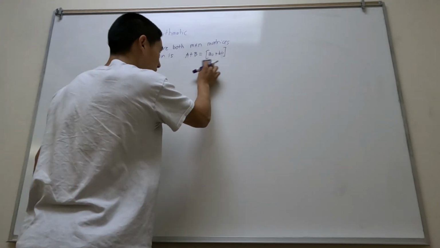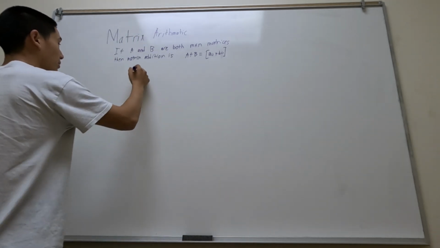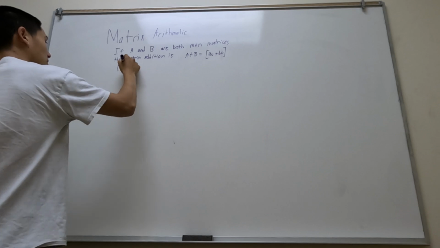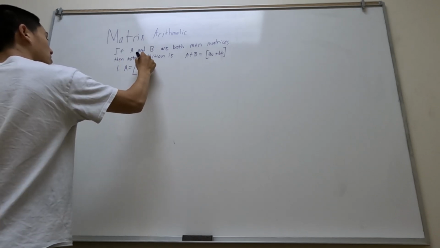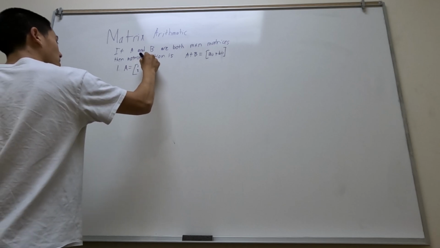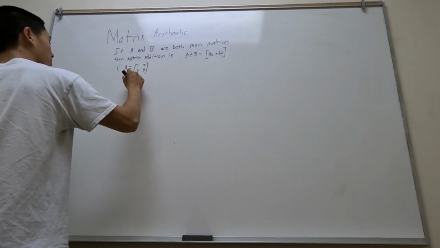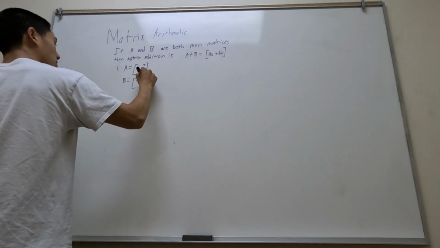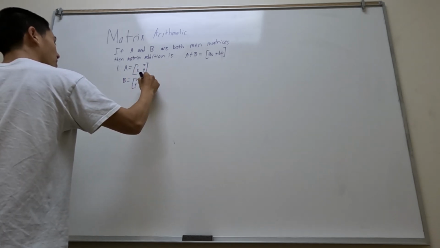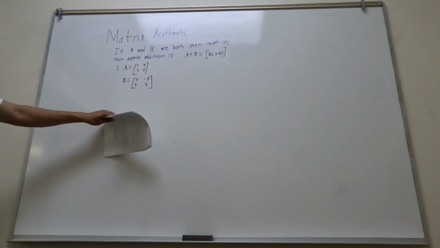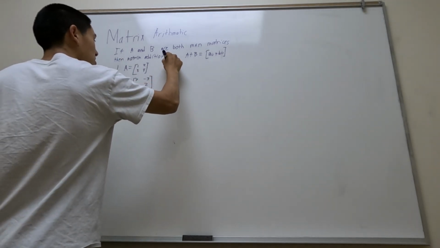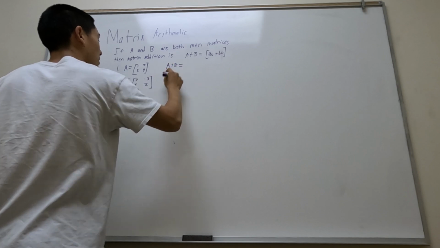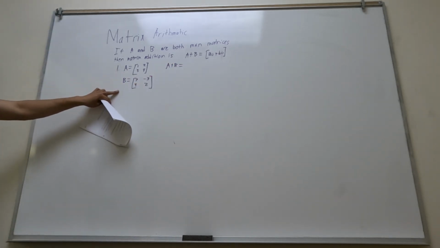For example, example number 1: you have matrix A equals 1, 2, 3, 4, and matrix B equals 7, -3, 4, and 2. Now you have these two 2 by 2 matrices. The question is, what is A plus B?